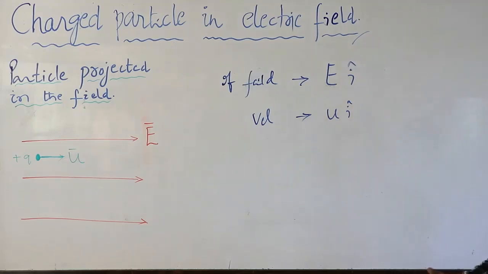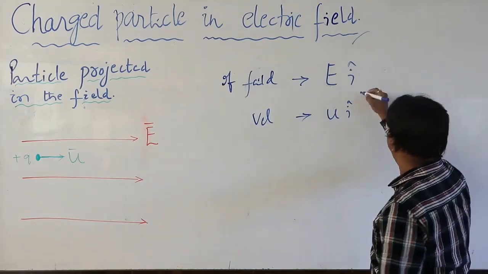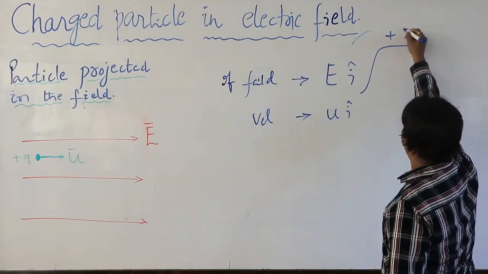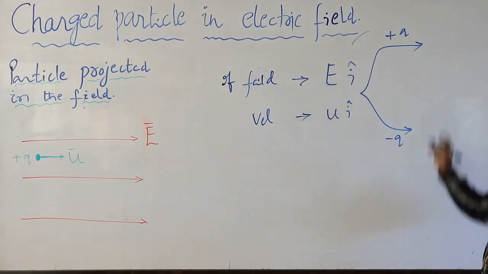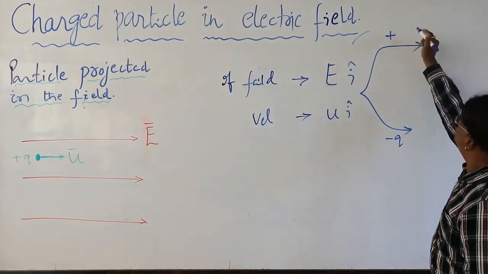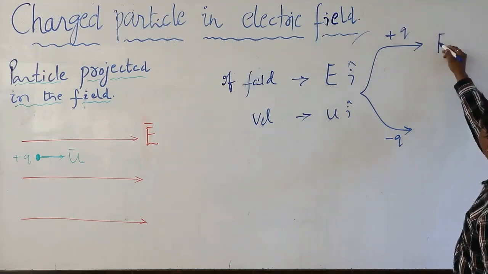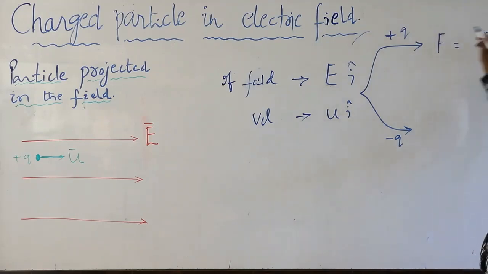Now here comes the positive charge and the negative charge. For this positive charge, F bar is equal to E Q times I cap, because for positive charge the force is along the field.